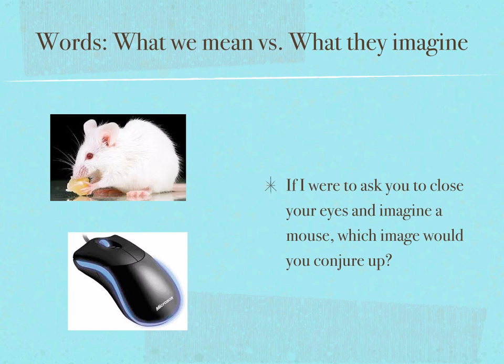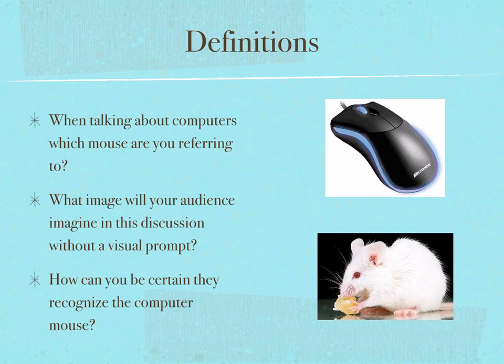Maybe we're trying to teach grandma or great-grandma how to use a computer. Well, if you were to just say, okay, we'll go grab the mouse and right-click, grandma or great-grandma probably doesn't know what the mouse is, right? So what are you referring to? And how do we describe that to them? So how would you define what a mouse is, right? And then how will you prompt them to do that?